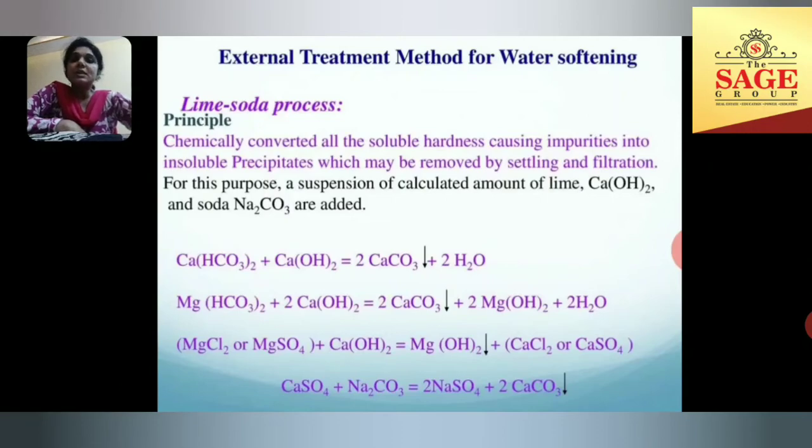In the same way, the lime and soda react with all the hardness causing substances present in water and convert them into various types of precipitate. Now these precipitates are filtered off and the water is softened. Now this softened water is poured into the boiler. That is why it is known as the external treatment method.